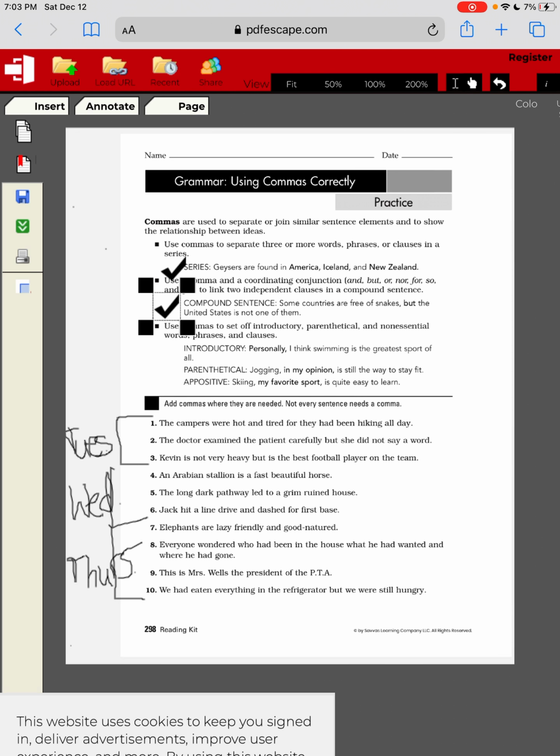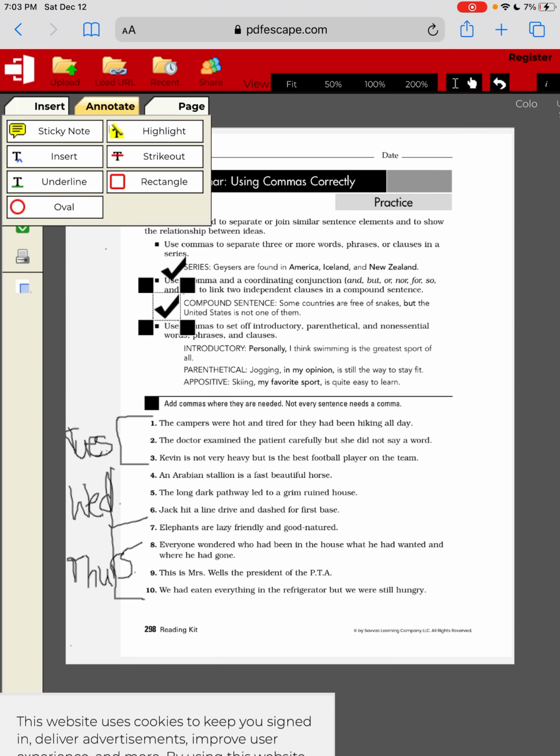So in order for a compound sentence to exist, you need to have a subject and a verb on the left end of the sentence, and a subject and a verb on the right-hand side of the sentence.